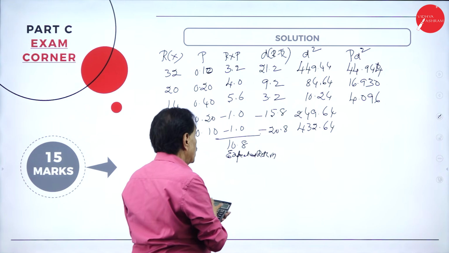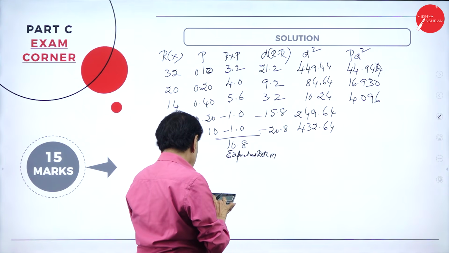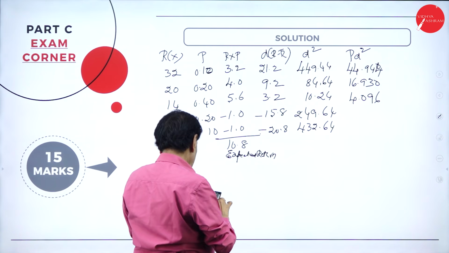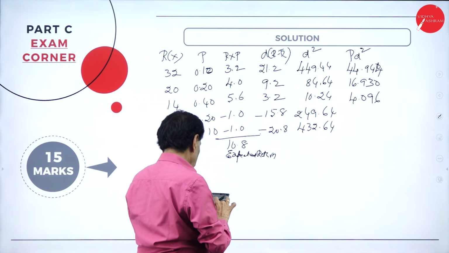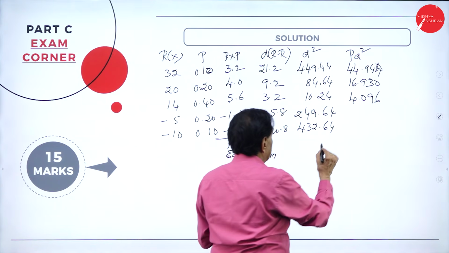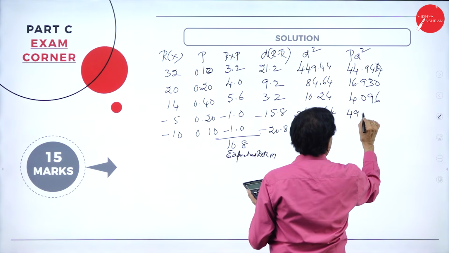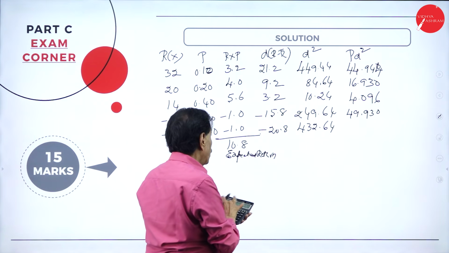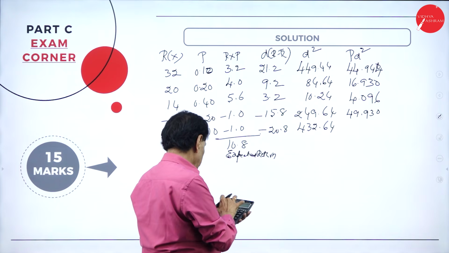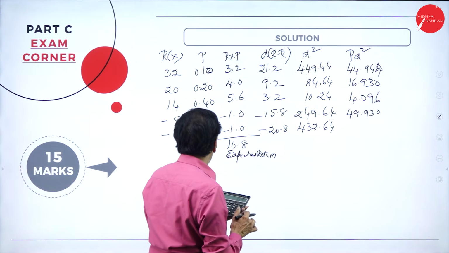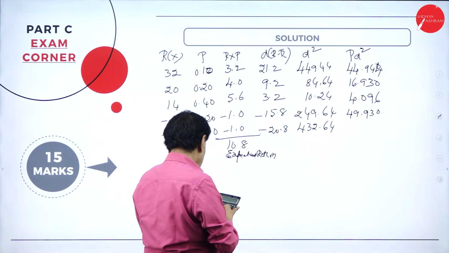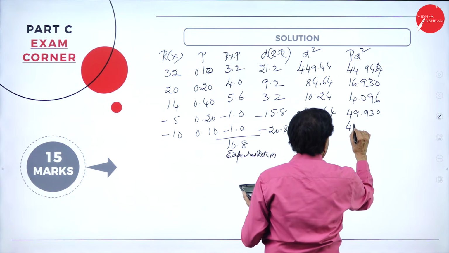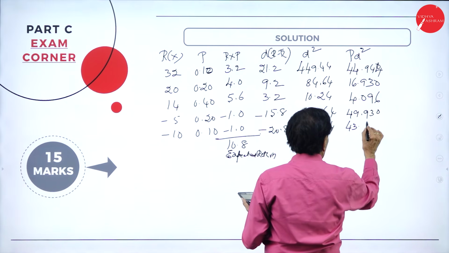Then 249.64 into 0.20 is 49.93. Then 432.64 into 0.10 is 43.264.